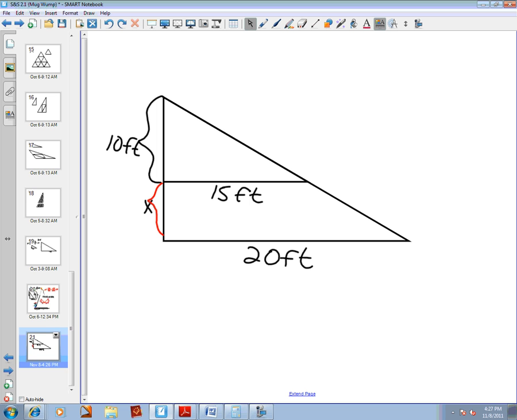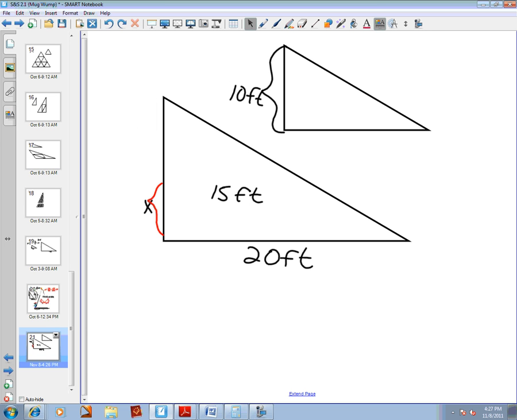Okay, well, we basically have two triangles here. Okay? We have this triangle here. If we just pull it out, we can move this thing with it. Okay, that's 10 feet. We know that this is 15 feet. And we know that this little x portion, we don't know what it is, but we can find it because we can just subtract it from this, which we know is 10 feet. Okay?